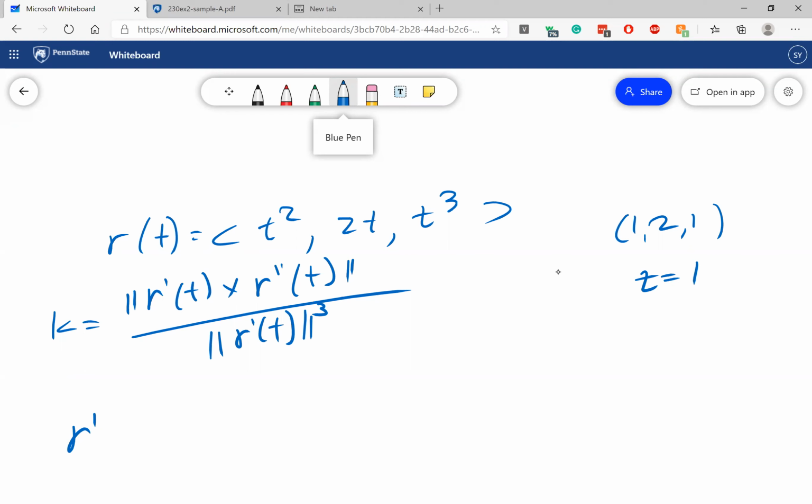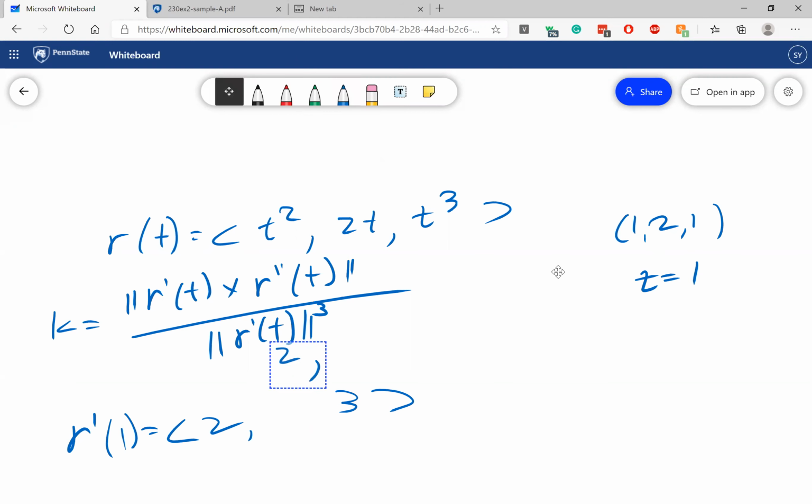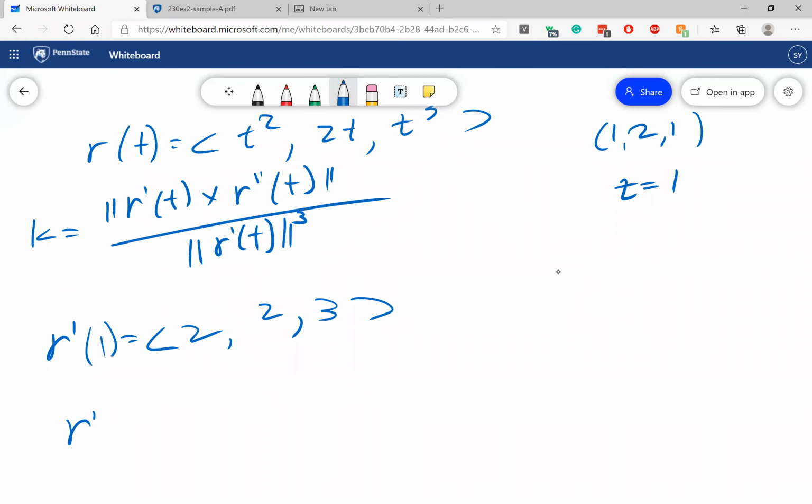So r prime of 1 is going to be 2, 2, 3. And then r double prime at 1 is going to be 2, 0, and then a 2 comes down, so 6.